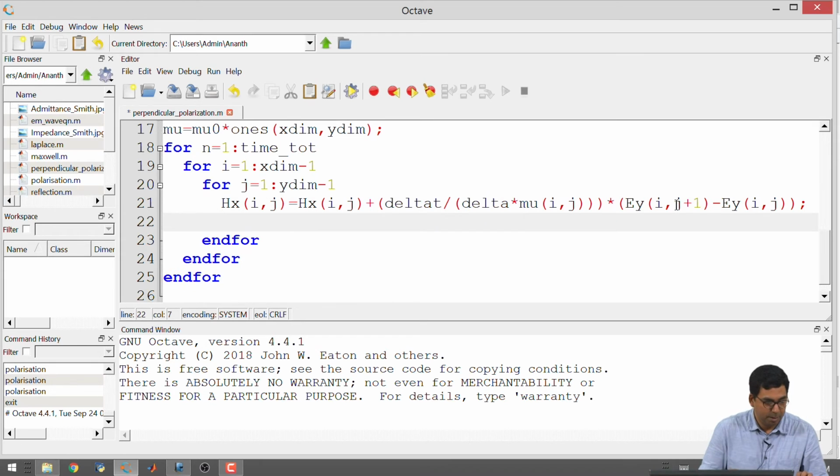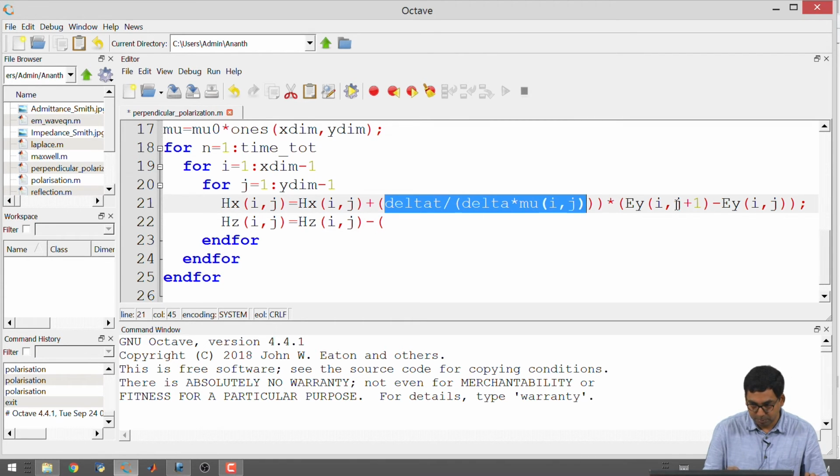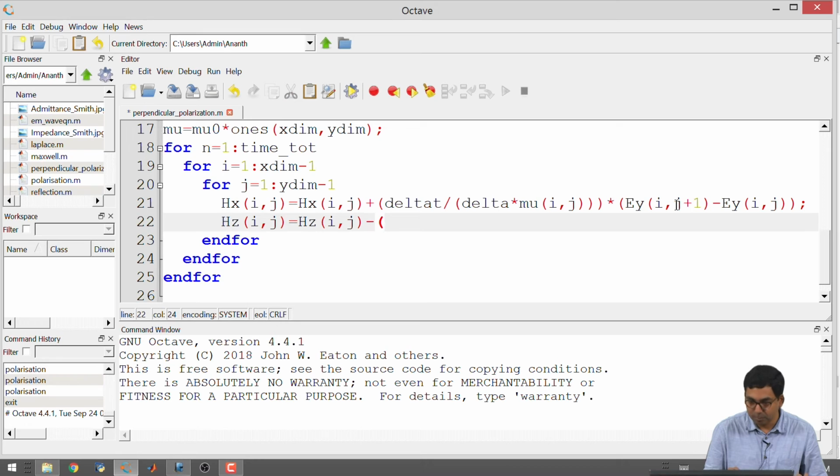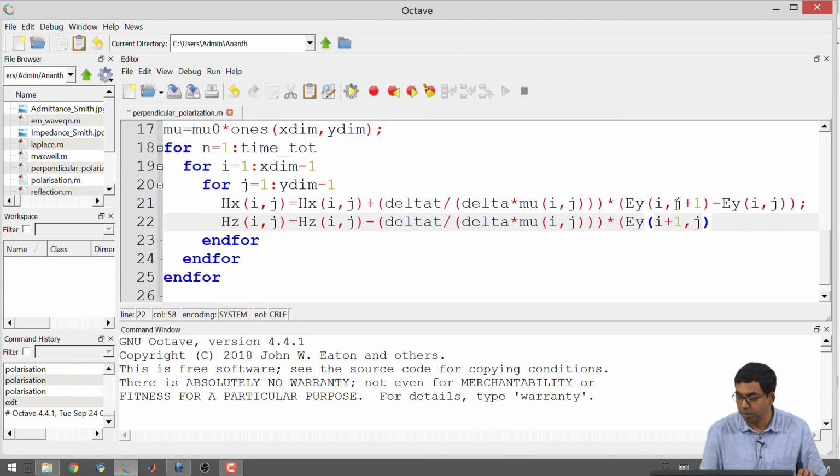Right. Then we have to go for Hz of i comma j was Hz of i comma j, and I think in this case there is a minus sign coming into the picture. So, I will just copy paste this part. So, it was forward difference for dou Ey dou x. Right.